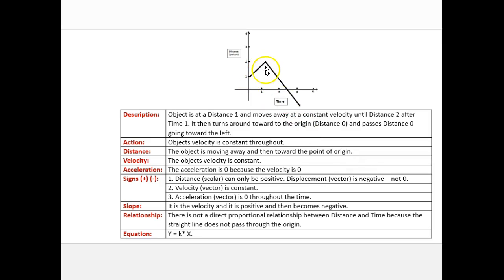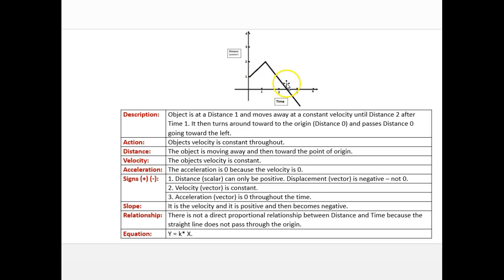So what happens when the object reaches here? The object turns around and begins to go left. Here, the object reaches 0, which is the point of origin, although the point of origin for this particular object is actually 1, not 0.